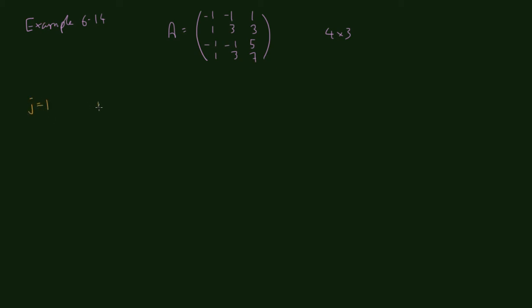So we saw that the first value of R is the magnitude of A1. In this case that's going to be minus 1 squared plus 1 squared plus 1 squared plus 1 squared. So we get R11 is equal to 2, and Q1 is equal to A1 divided by R11.